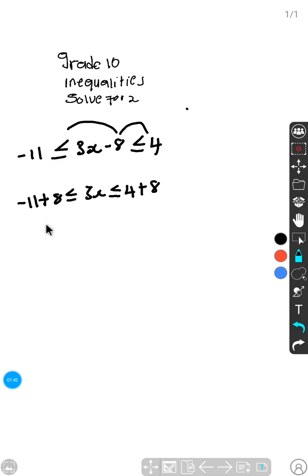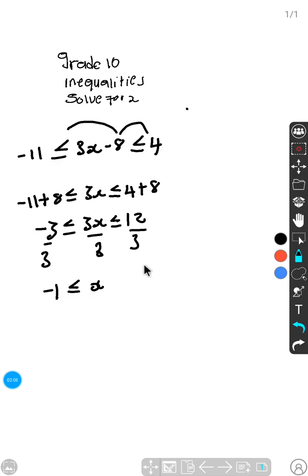Minus 11 plus 8 is minus 3, less than or equal to 3x, less than or equal to, when you add this you get 12. Then you divide all of the sides by 3 so that we can be left with x. Therefore x is going to be greater than or equal to minus 1 but less than or equal to 4.